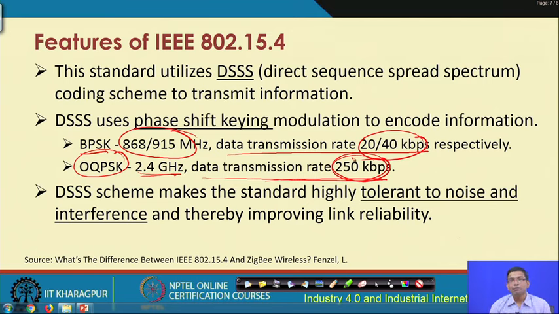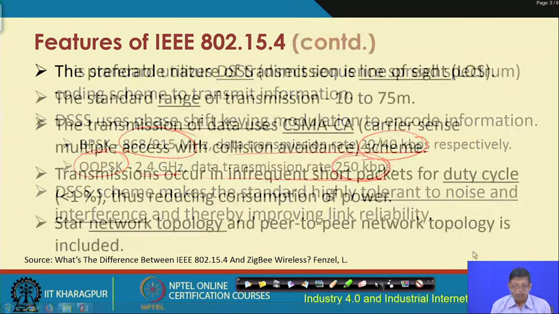So, ultimately you are talking about offering link reliability, which means that you have to ensure that whatever you are sending reliably reaches the destination. That is why DSSS is good in order to achieve these characteristics.